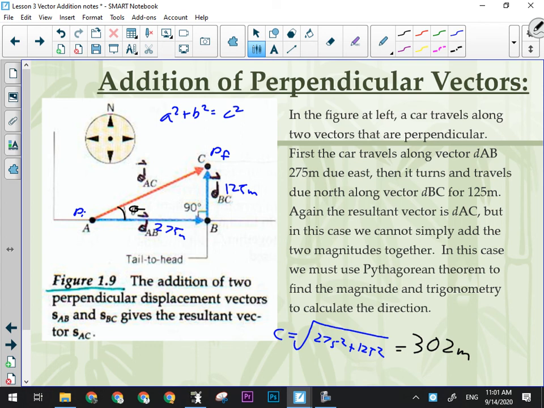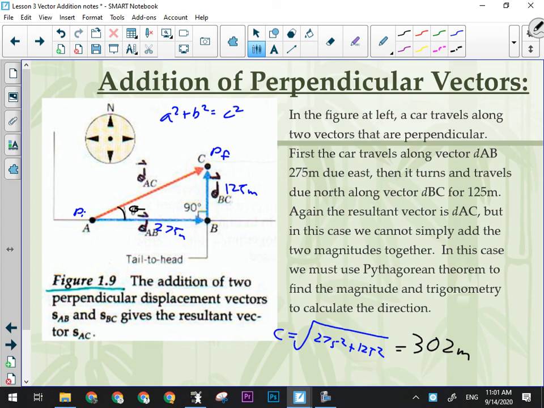The reason being, I was given the two sides I would use if I'm using tan. If I use sine or cos, I'm using the hypotenuse, and that's a number I calculated. If I screwed up, then I'm going to get the wrong answer for my angle as well. So it's always better to use the ones you were given. So I'm going to use tan because it's opposite over adjacent.